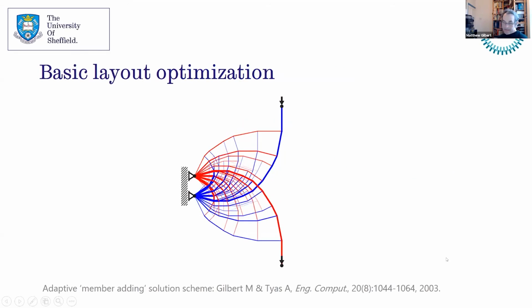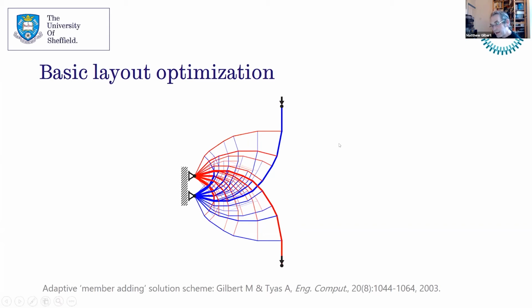Okay, so let's move on to an example. Here we've got some forces to be carried. We've got a couple of supports, and we are doing a layout optimization using the same method as proposed by those American mathematicians back in the 1960s, with one exception.